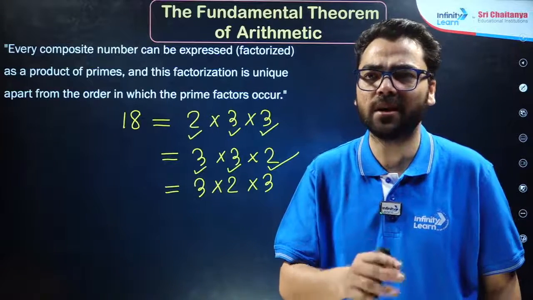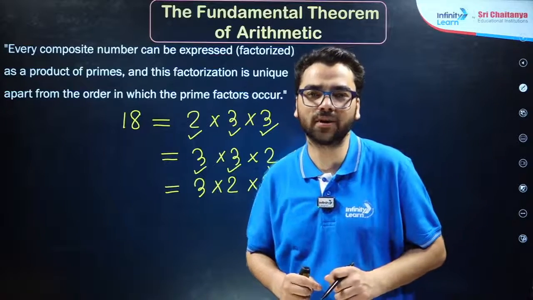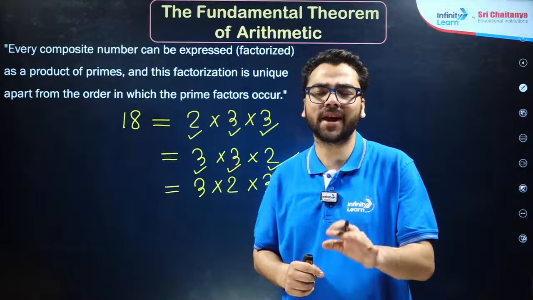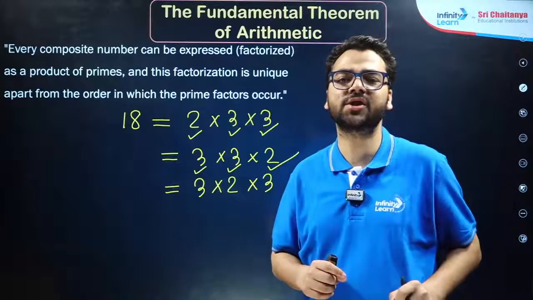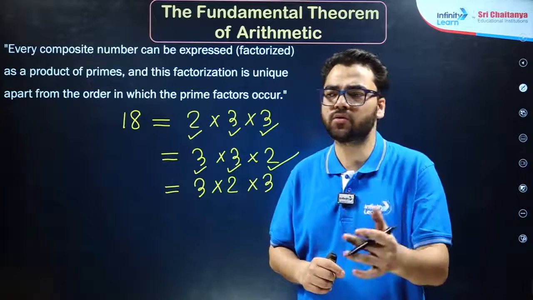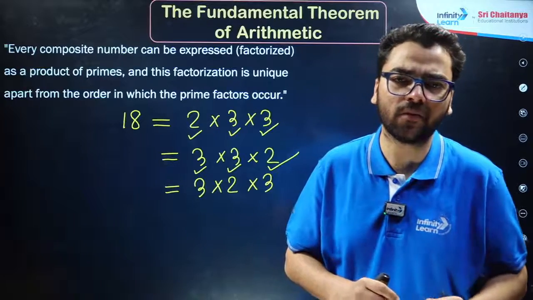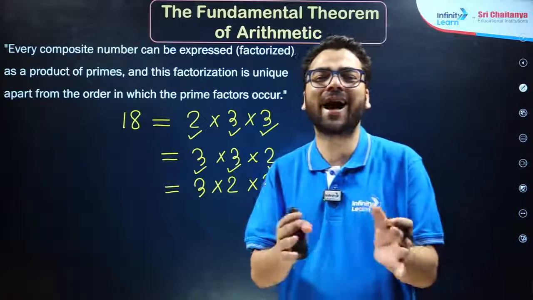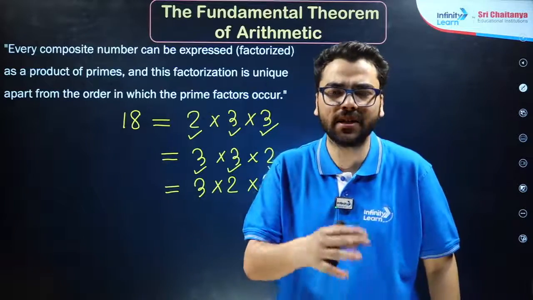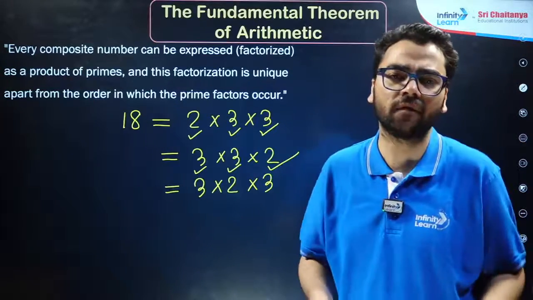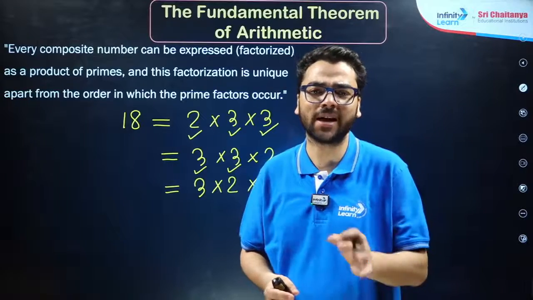So is the fundamental theorem of arithmetic clear to every student? Every composite number can be expressed as a product of primes apart from the order in which the prime factors occur. So you must know the statement of the fundamental theorem of arithmetic as well. Now it is not hard and fast that you will write exactly the same statement in the examination. You must know the meaning of it and you can write in your own words as well.